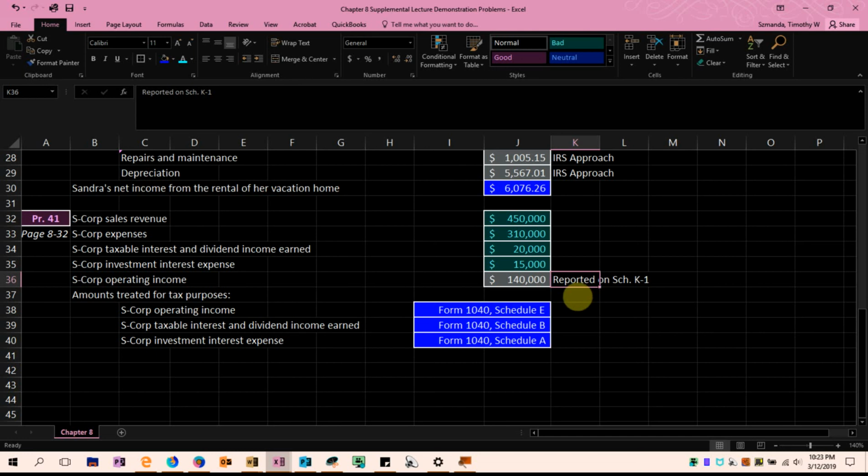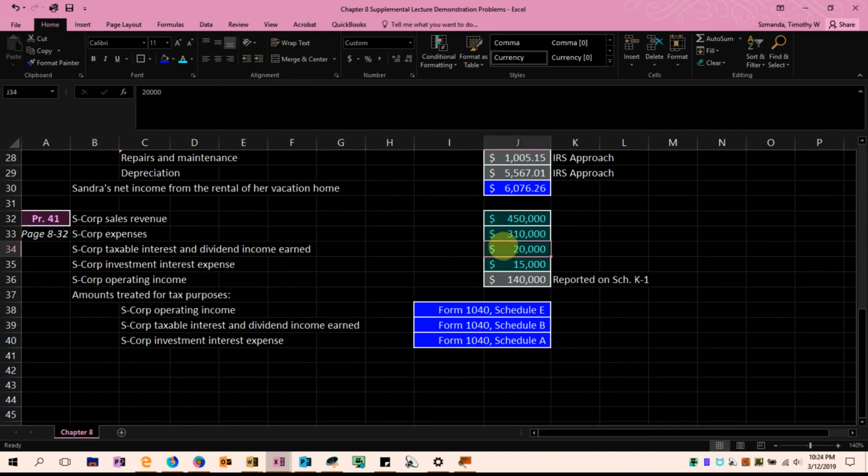And so that amount, the 140, does get reported on Form 1040 of the stockholder on Schedule E, as we said earlier. It also had taxable interest and dividend income of $20,000.